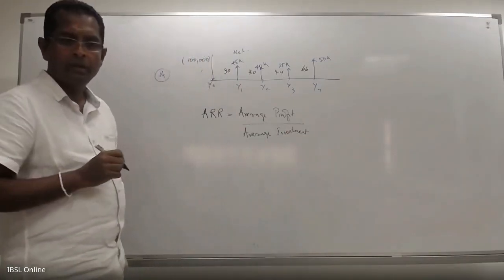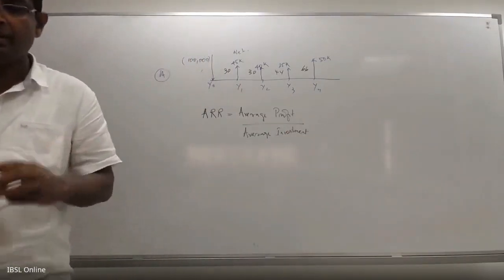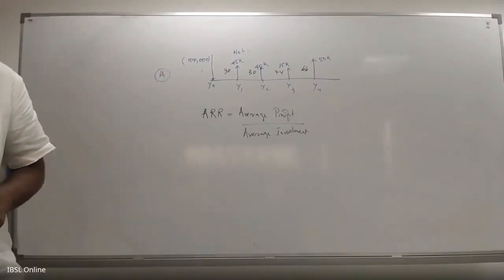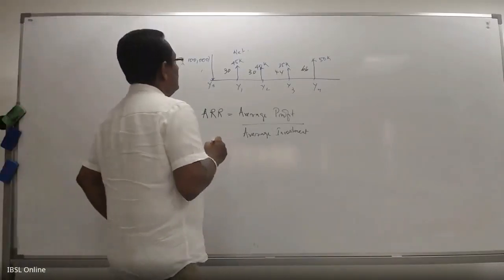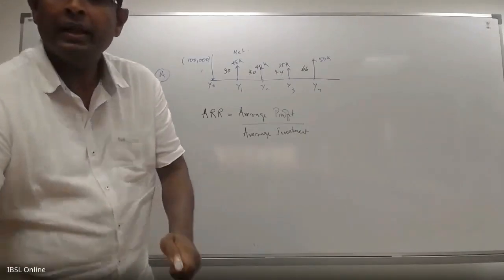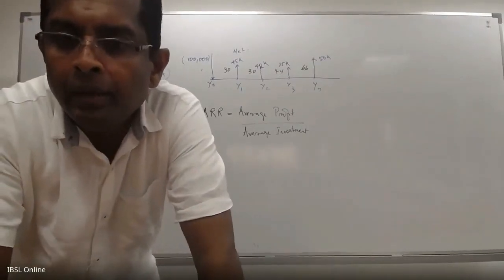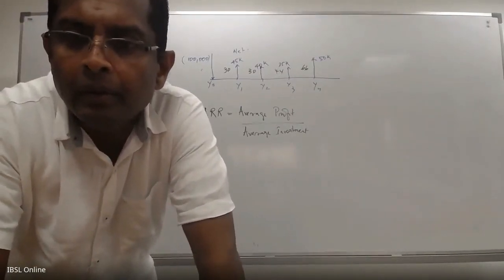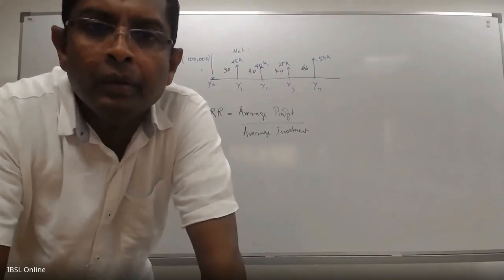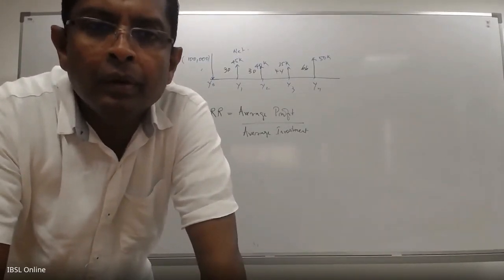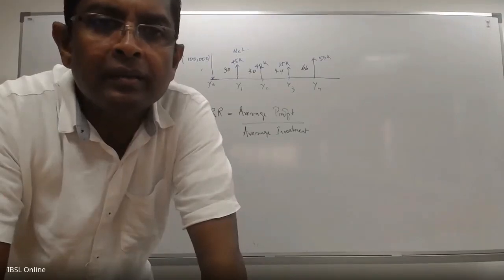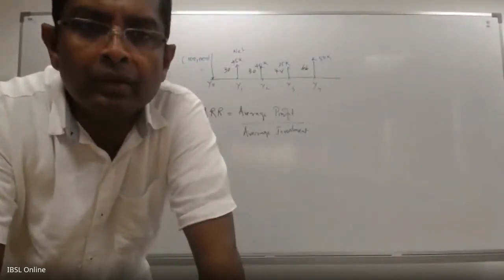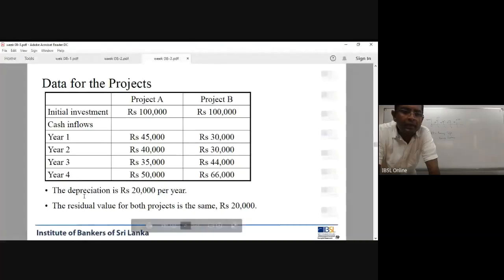Right? Can you see the wording? Right? On the initial example, they have given you these cash flows, and the depreciation is 20,000 and the residual value is 20,000, right?